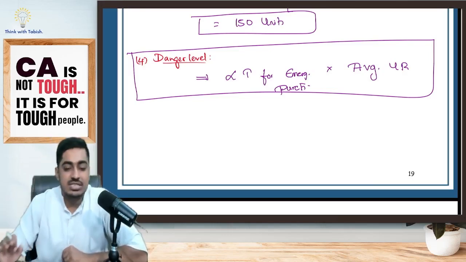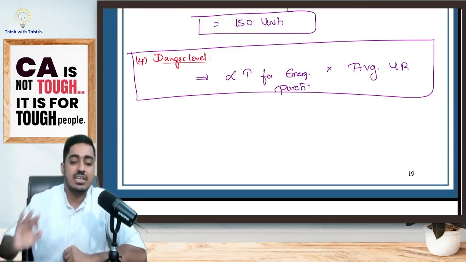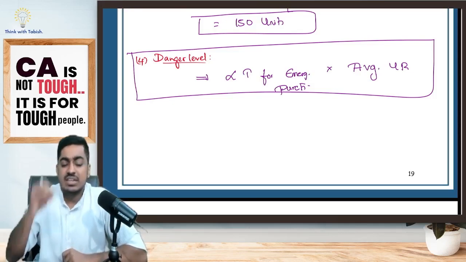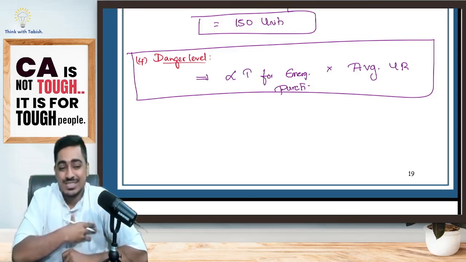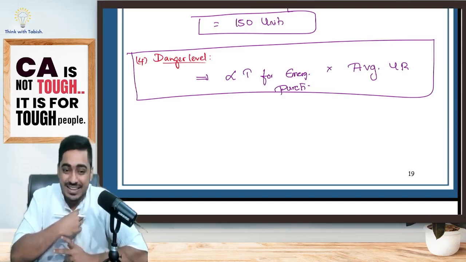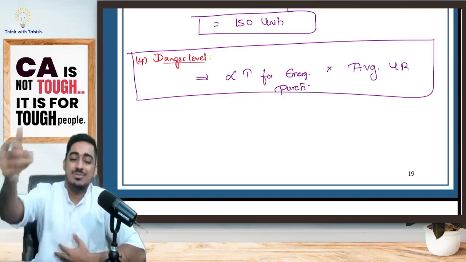For 99.999% of questions, I will tally the answer with ICAI. But in the rare case when ICAI has done utter nonsense, my conscience will not accept it. If ICAI is telling 1 plus 1 is equal to 11, that is something I cannot teach you. Wherever small things are there, you will follow ICAI's logic only.